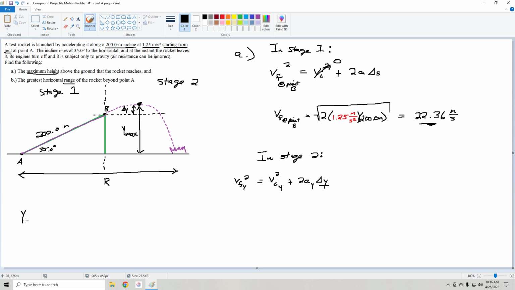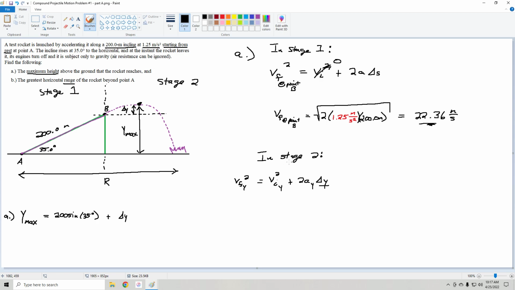Well, we know that y maximum is going to be equal to the height of the incline, which is 200 sine 35 degrees, plus whatever extra height the rocket reaches in attaining the maximum height, so delta y. So if we can figure out what delta y is, that's the answer to part A right there. So let's go back to this and solve for delta y.